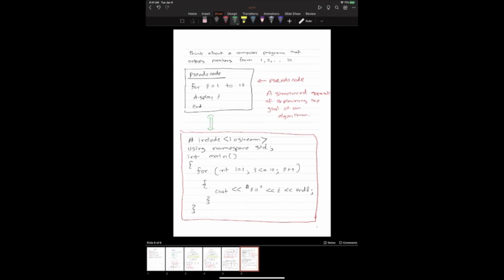So let me go to a slightly more complex algorithm. It is the sorting algorithm. First of all, let me explain what a sorting algorithm is.